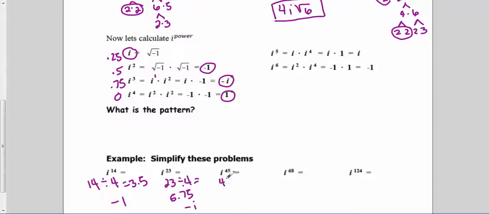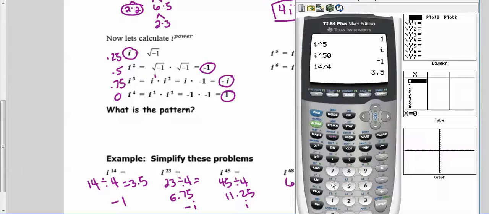45 divided by 4 is 11.25, so that would be just i. 68 divided by 4 is going to be, let's see, 17.